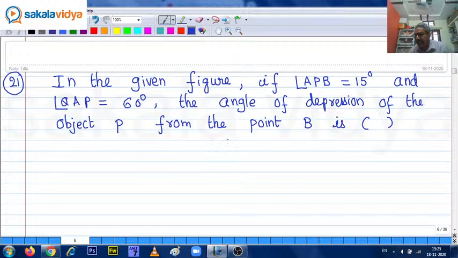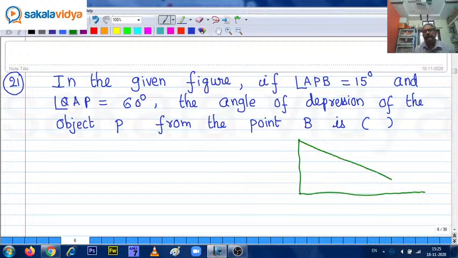First let me draw the figure. Okay, this is the figure. So the dotted line, this is a parallel line only.